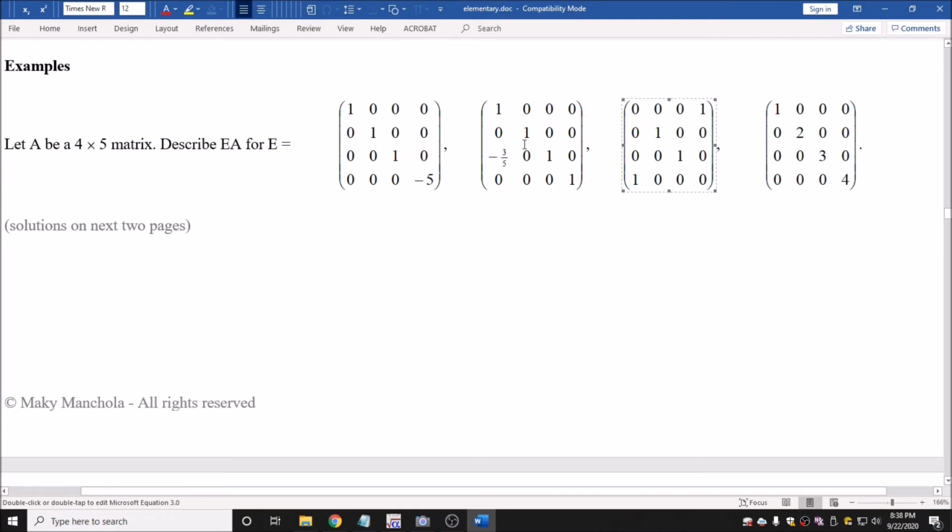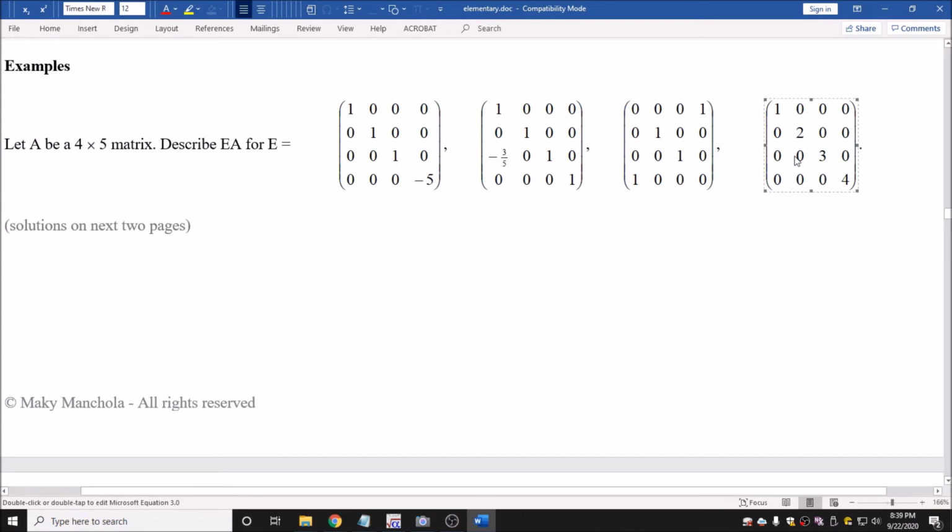EA for the 4x4 elementary matrix where the first and fourth rows of I are interchanged is going to be the 4x5 matrix where the first and fourth rows of A are interchanged.